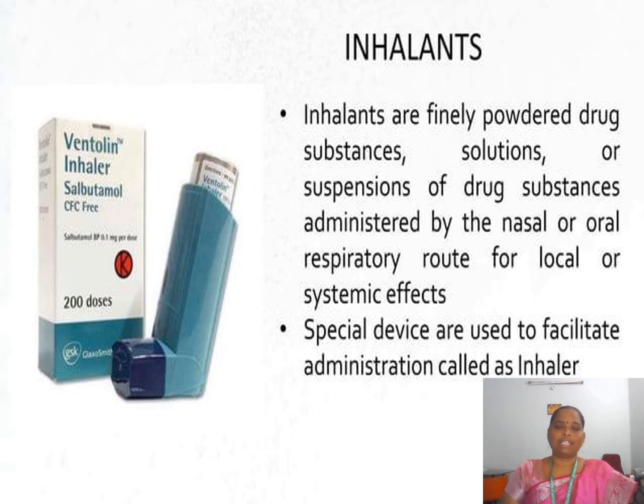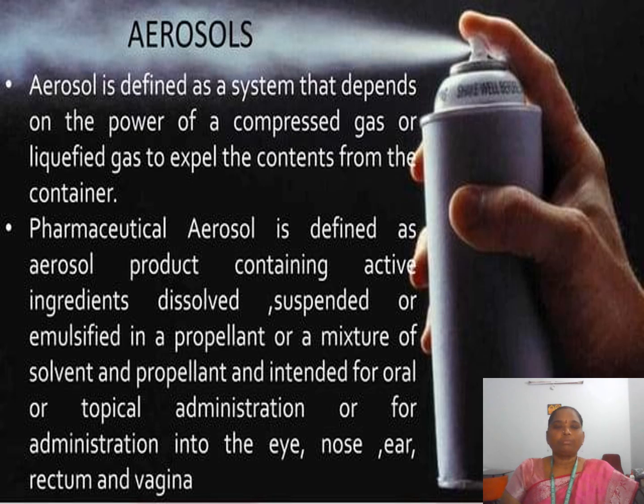Systemic effect means it will act on the total body; local means only in that particular area. To facilitate administration, we have to use a special device. This device is called an inhaler. Mostly you can observe this in patients who are suffering from asthma or pulmonary diseases. Example: Ventolin inhaler, salbutamol.